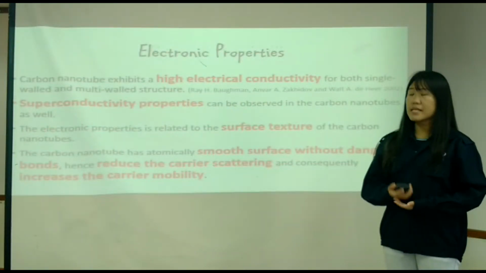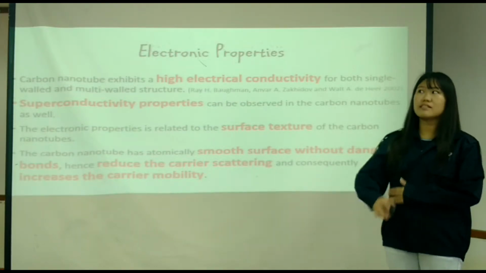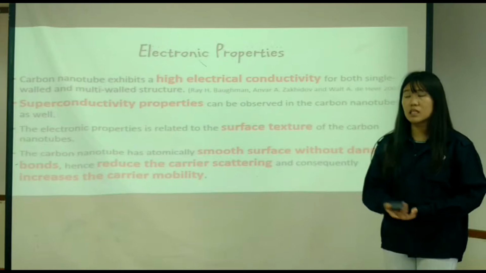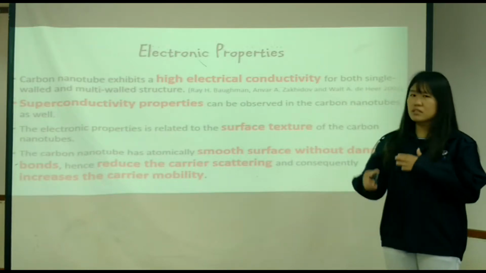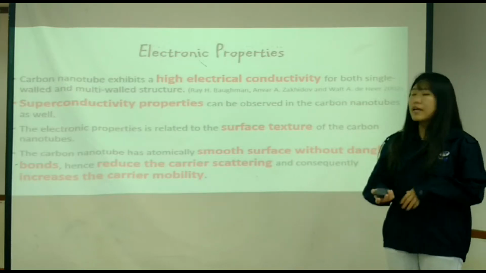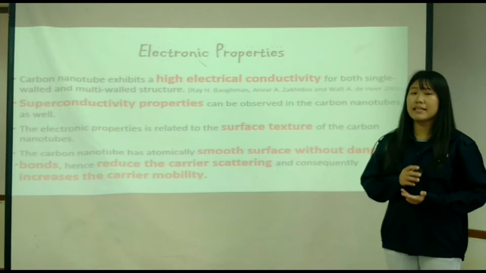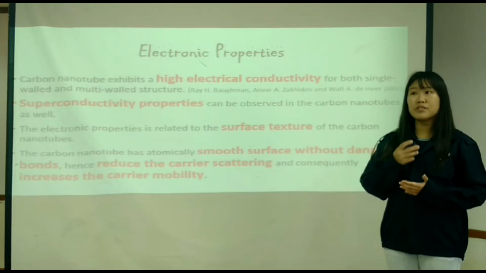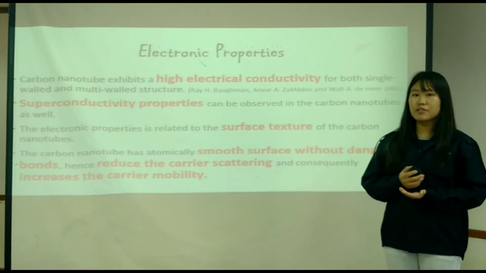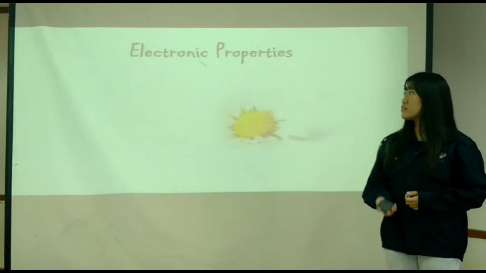The carbon nanotubes have high electrical properties, as well as superconductivity properties, and these properties are highly related to the surface texture, and the carbon nanotubes have a very smooth surface without any dangling bonds. Therefore, it can reduce the scattering of the carrier and hence increase the mobility of the carrier.